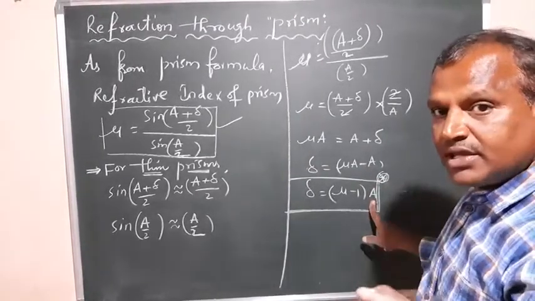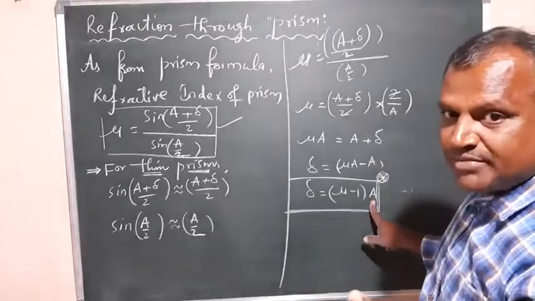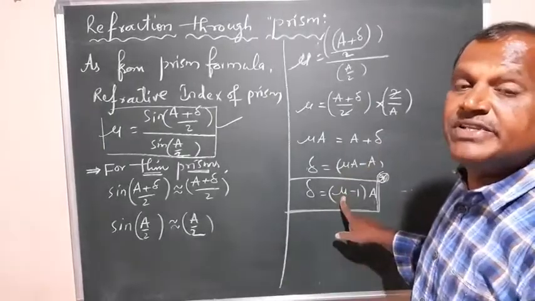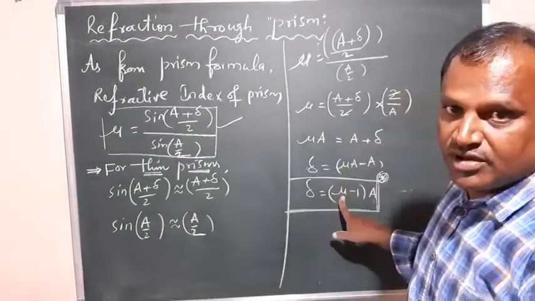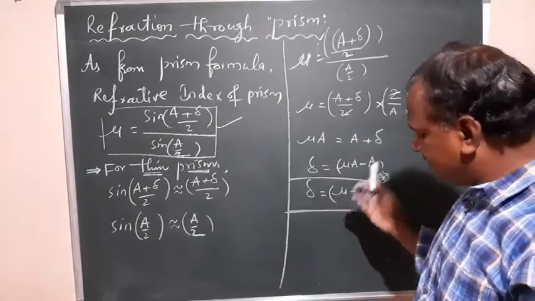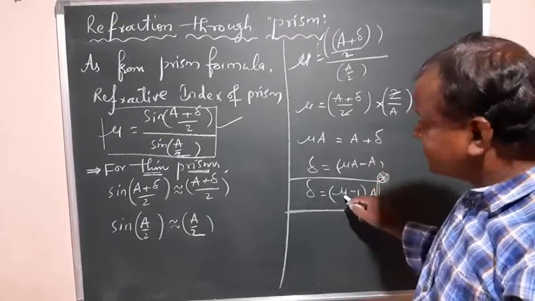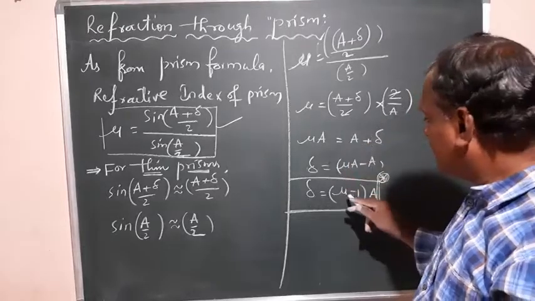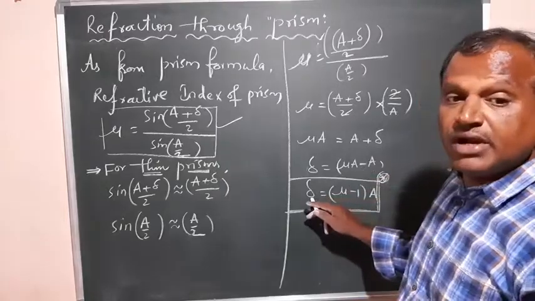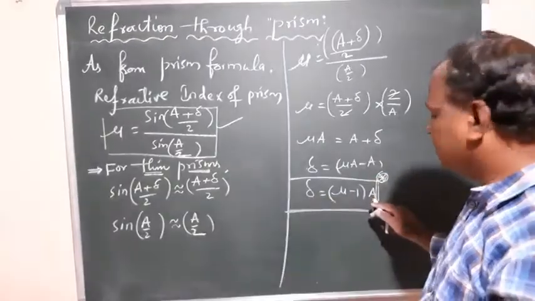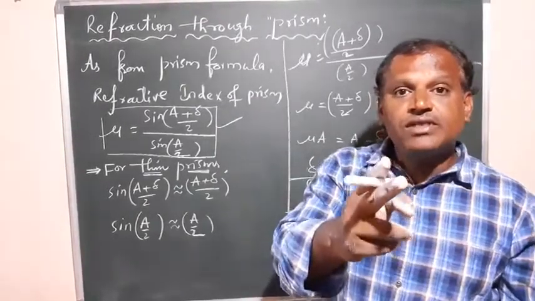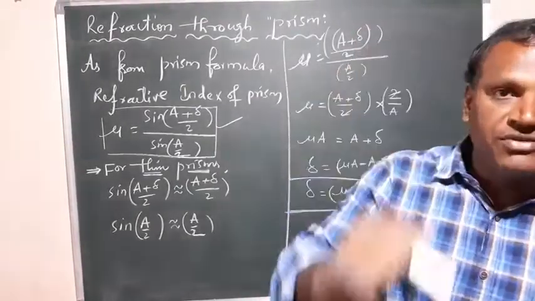Even though you are using the same prism, the refractive index for different colors is different, depending upon the wavelength. So the deviation depends on the angle of prism as well as the refractive index. But refractive index depends on wavelength. When the wavelength changes, the refractive index changes, and the deviation made by the light also changes. But A is constant. Even though the prism is the same, different wavelengths of light undergo different deviations.